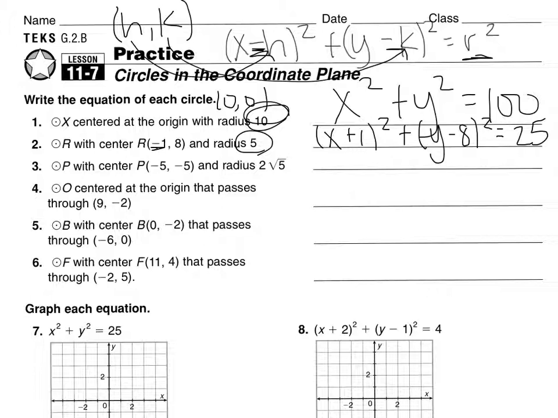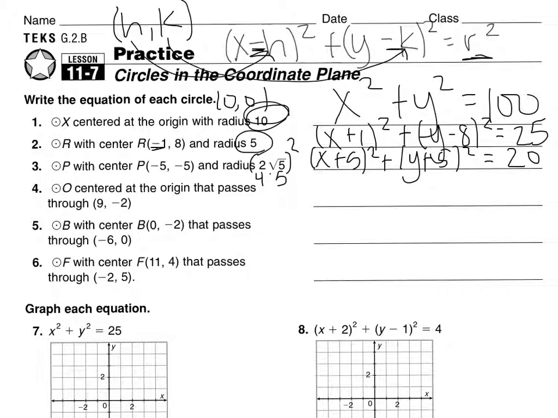Okay, and then same thing here, x plus 5 squared plus y plus 5 squared equals 2 times the square root of 5 squared. Well, 2 squared would be 4. The square root of 5 squared would be 5. 4 times 5 is 20. So you do have to feel comfortable working with radicals as well.